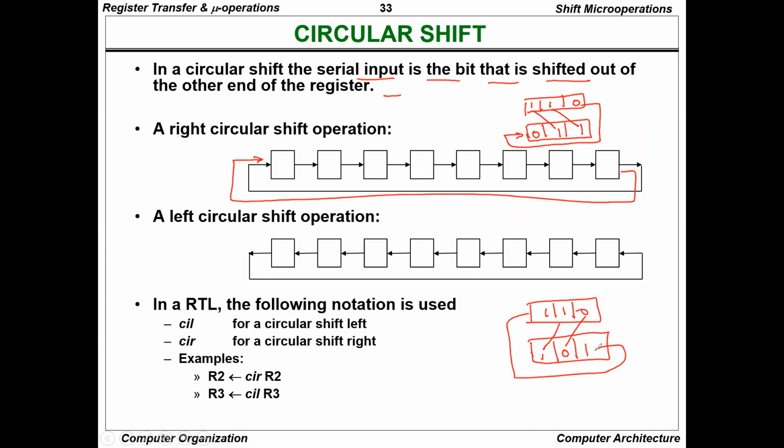So it will become 1 0 and 1. So the symbols that we use to denote the circular left and right are called CIL and CIR.